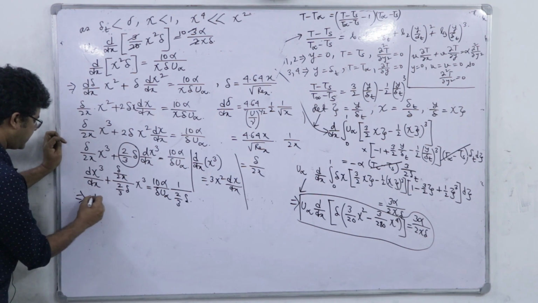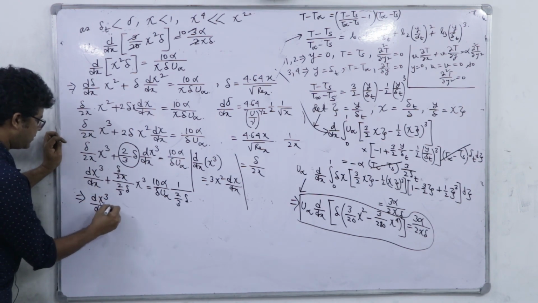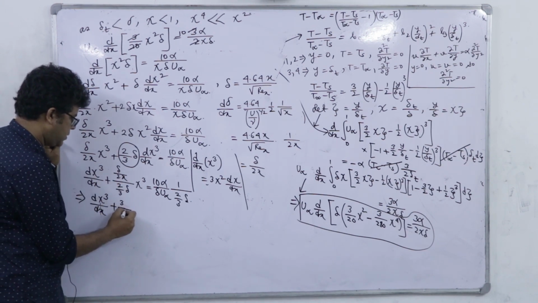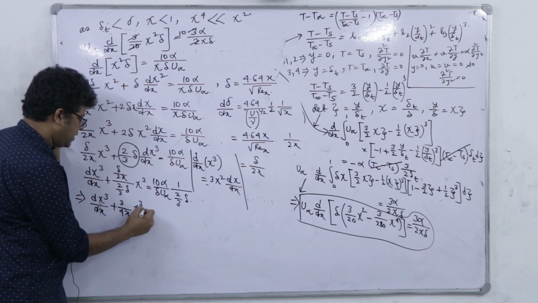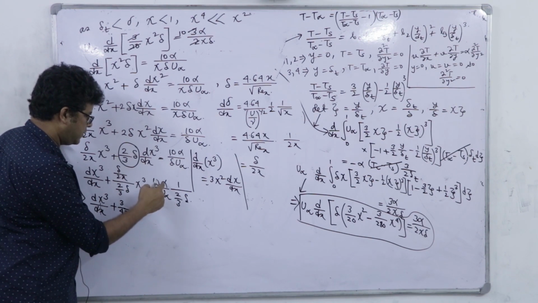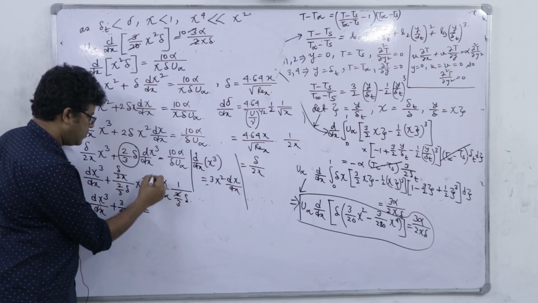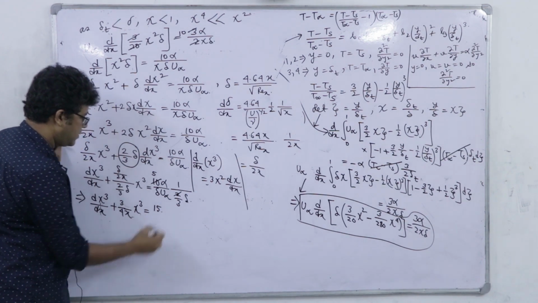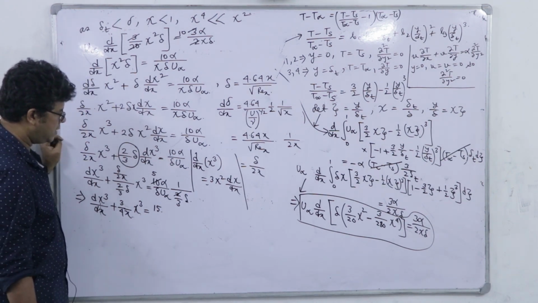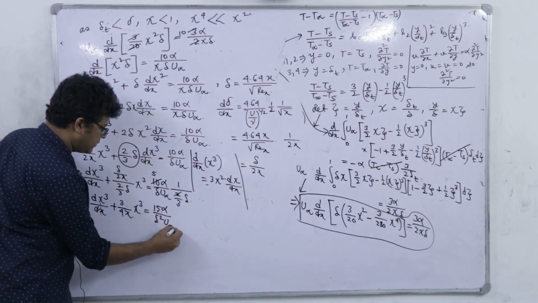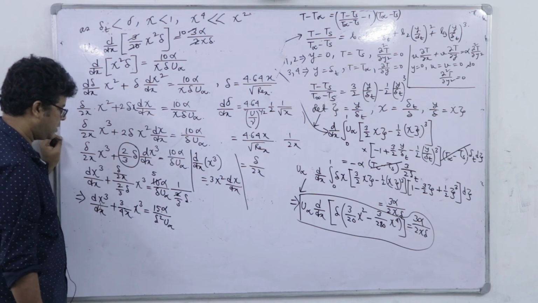So here d chi cube/dx plus this 3 by 4x chi cube is equal to, this will be 15 into alpha into delta square u infinity, right?